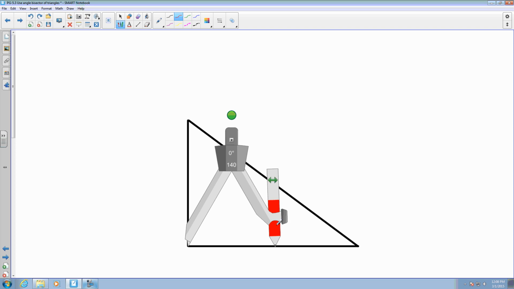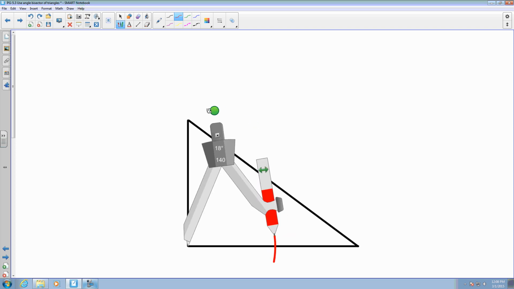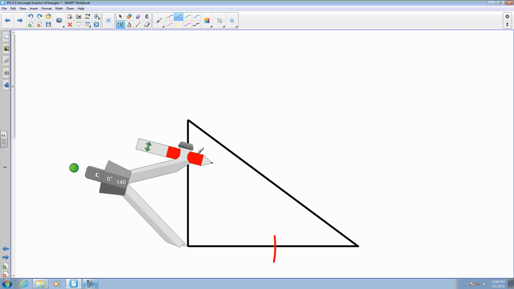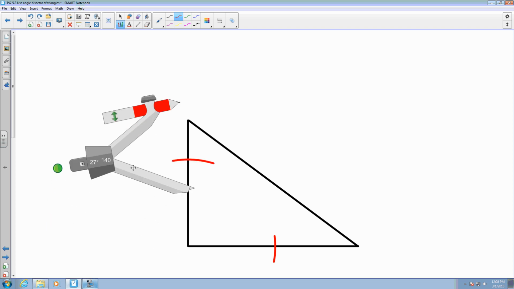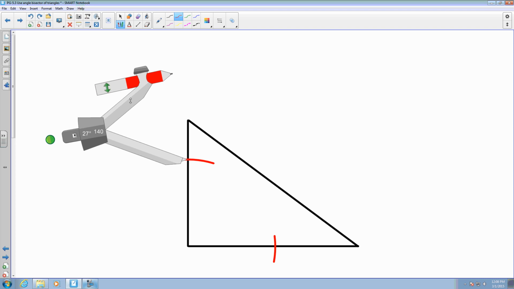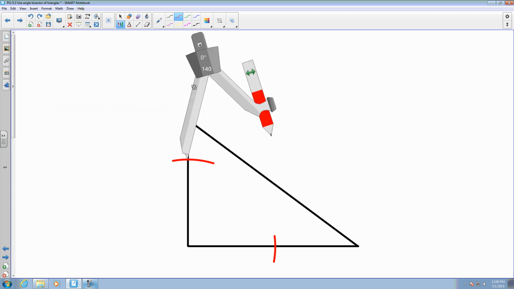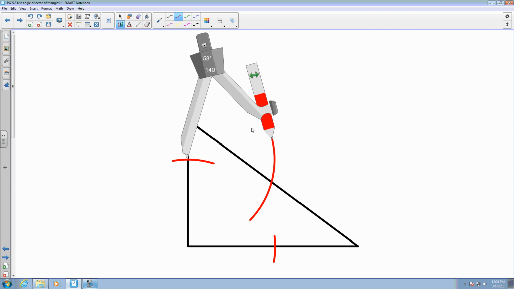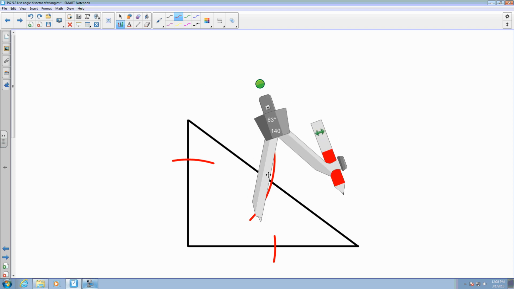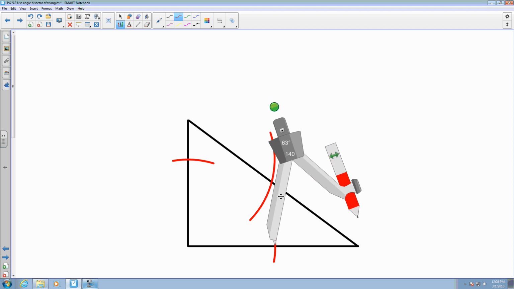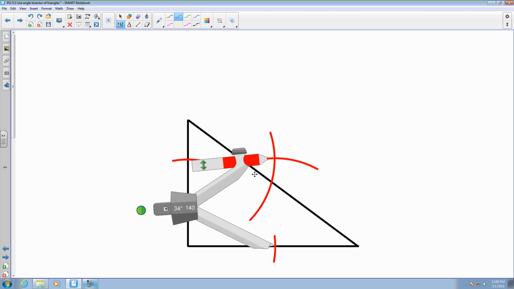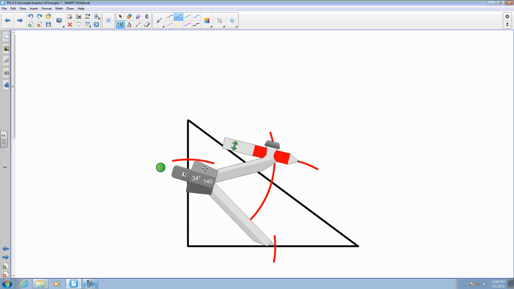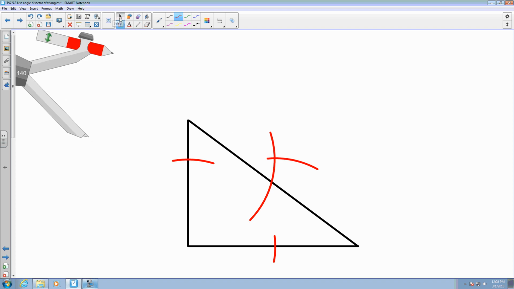So it's here, strike a mark, come over here, strike a mark without moving the distance, finding the angle here, and also angle here. It's also probably beneficial to do these in a light pencil. And then connect the points.